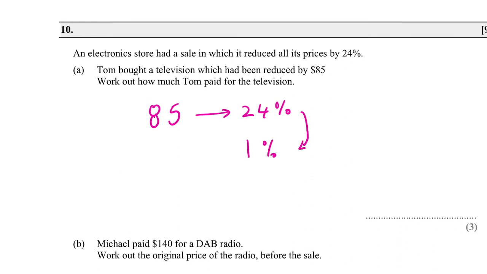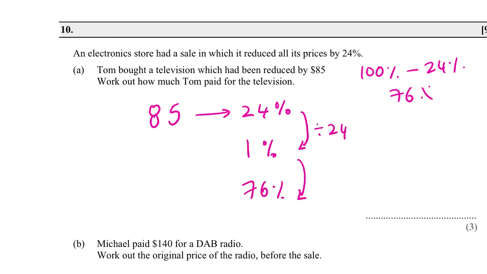100. And then we're going to times it by, remember he didn't pay 100%, did he? He paid the sale price, which is 76%. So we need to find 76%. So I'm going to divide by 24 and then times by 76. So 85, what are we going to do first?